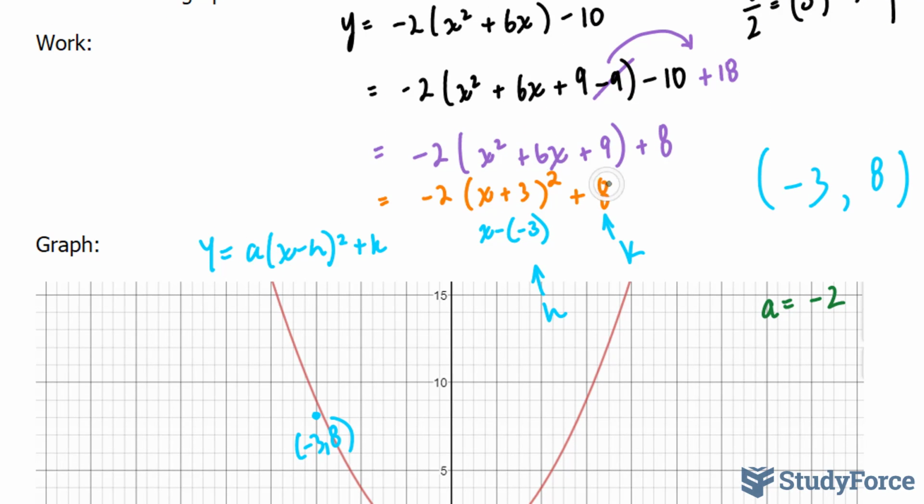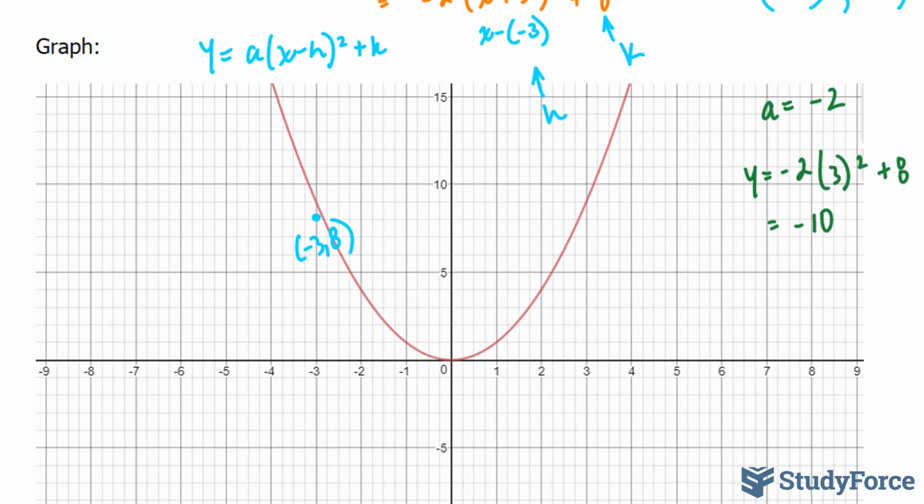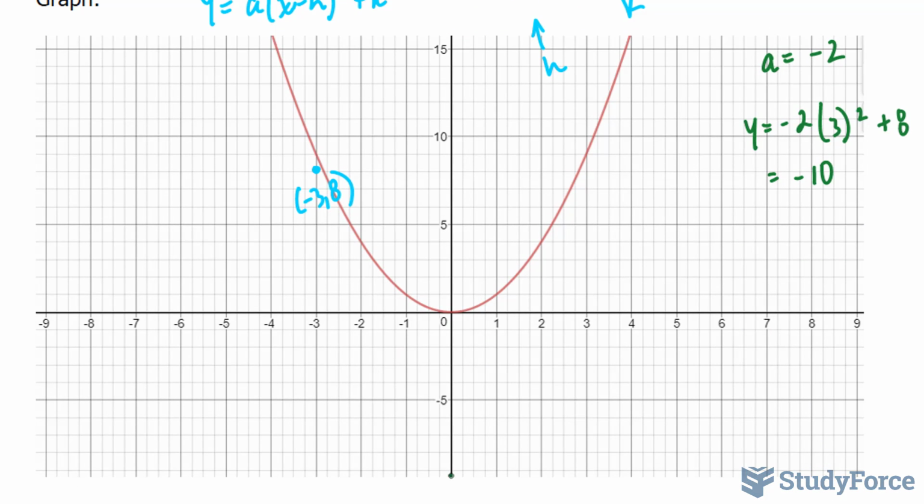So we have y is equal to negative 2, 0 plus 3, which is 3, to the power of 2, plus 8. This becomes 9. 9 times negative 2 is negative 18, plus 8. That's negative 10. So our y-intercept will be here, at 0 and negative 10.